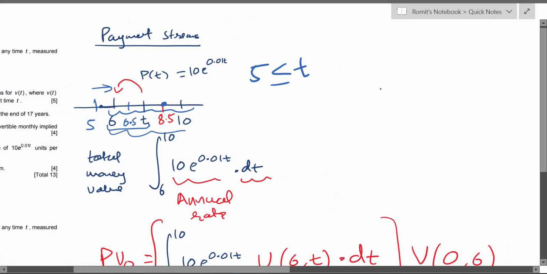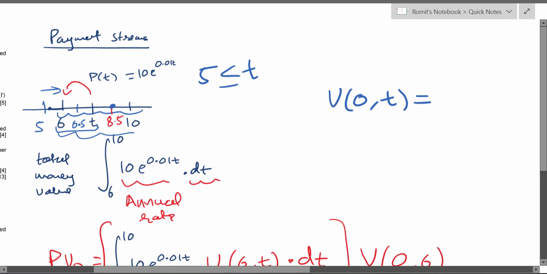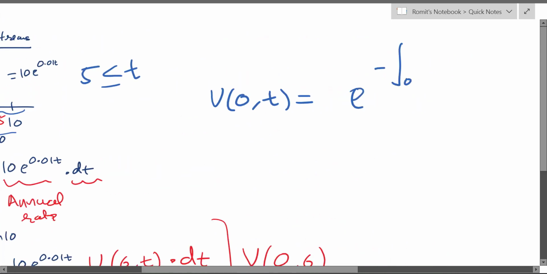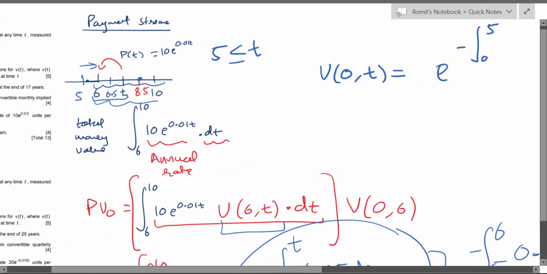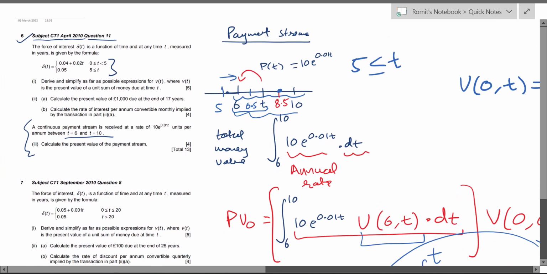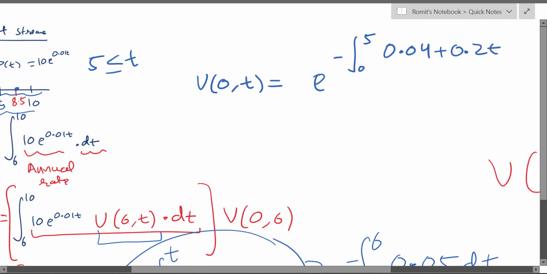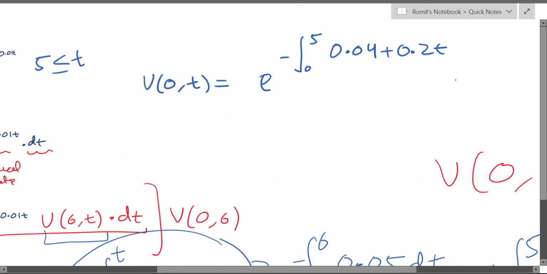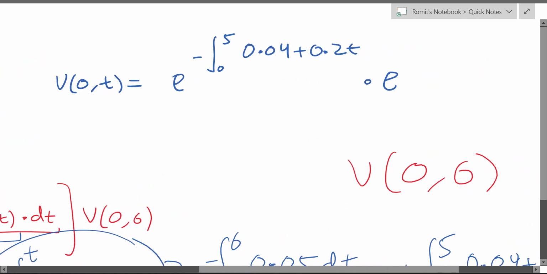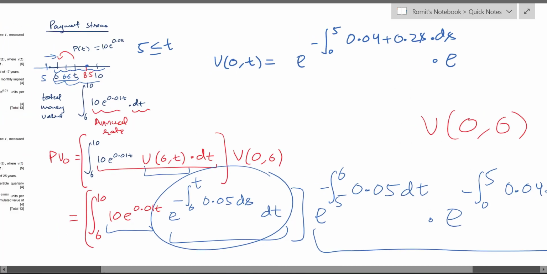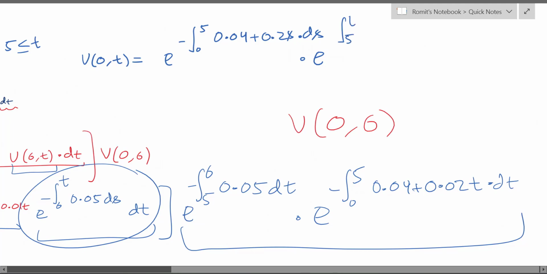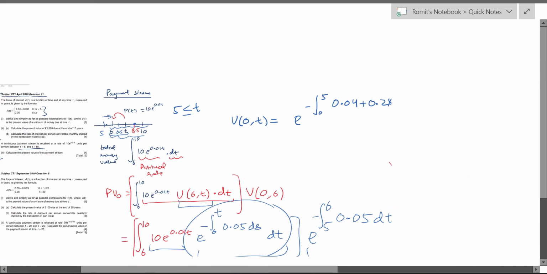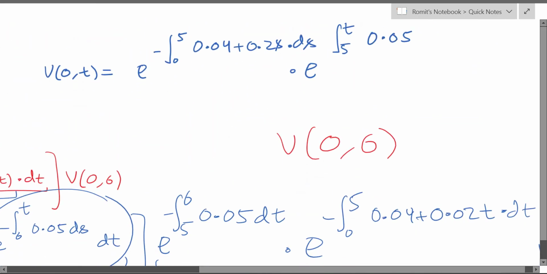The overall discount factor v 0 comma t can be written as discounting from 0 to 5 using this force of interest 0.04 plus 0.02 s, and obviously ds here, and then from time 5 to t by using this factor of 0.05 ds, because this is a constant.